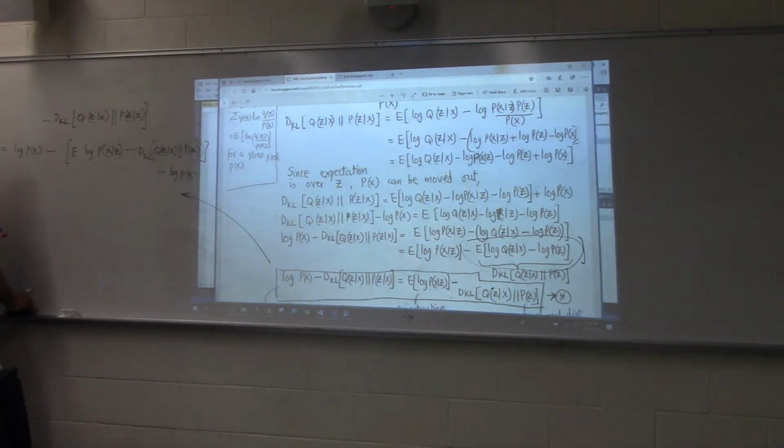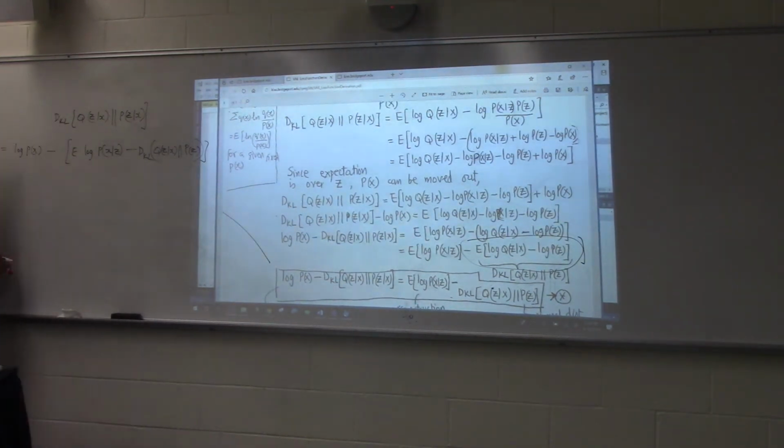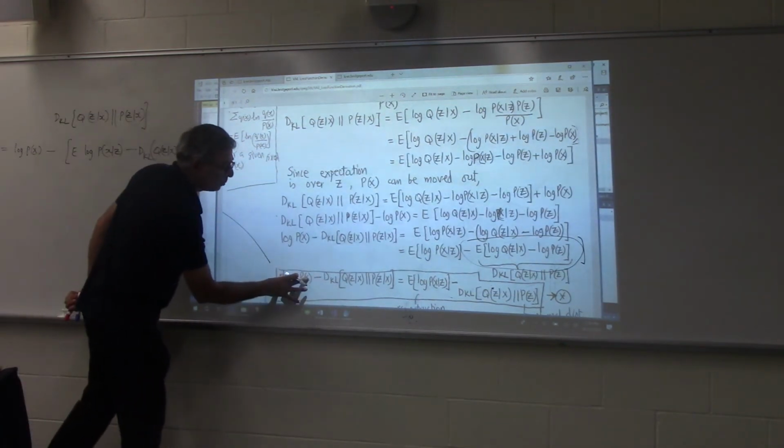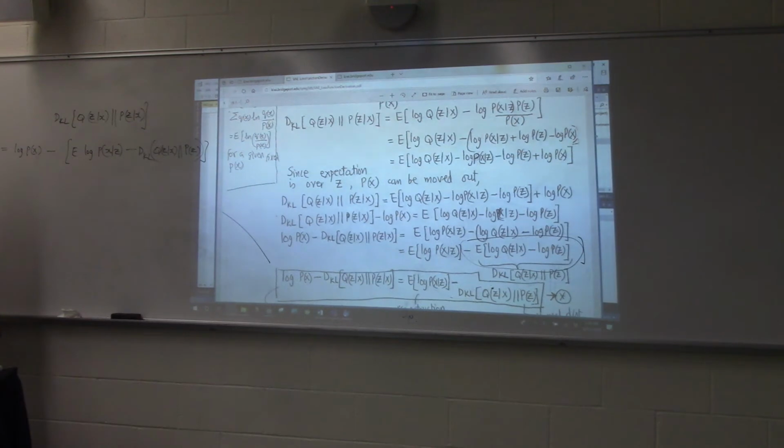Correct? And this negative will go away. So this is equal to this. Once again, all I did is move P(X) to the other side, multiplied by negative on both sides. Now this is the key equation for variational autoencoders.